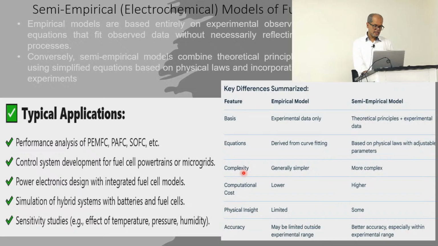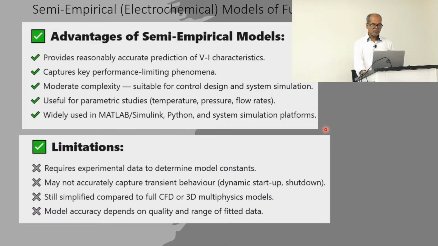Other applications include power electronics design, simulation of hybrid systems like battery and fuel cell, and sensitivity analysis, where you model one particular temperature and then change the temperature and humidity to see how your system behaves.